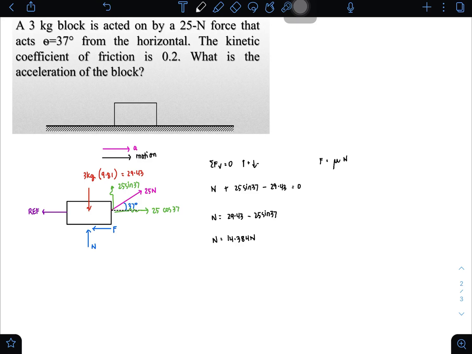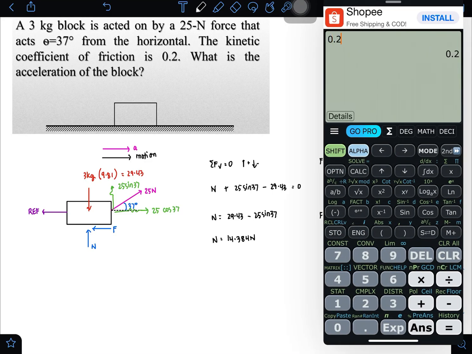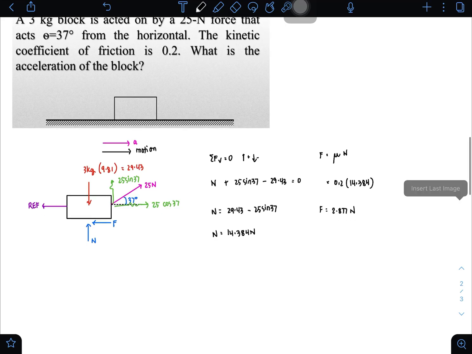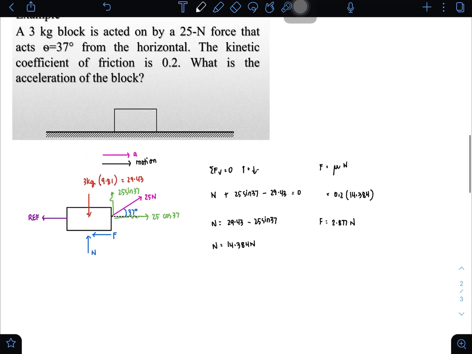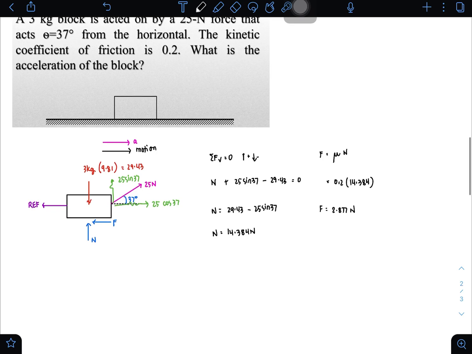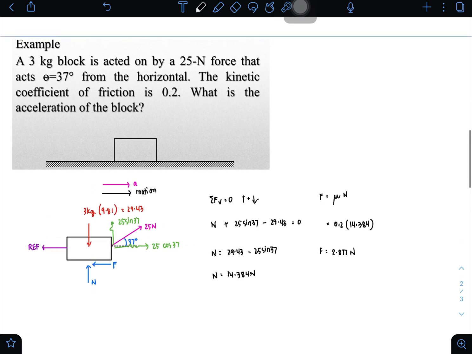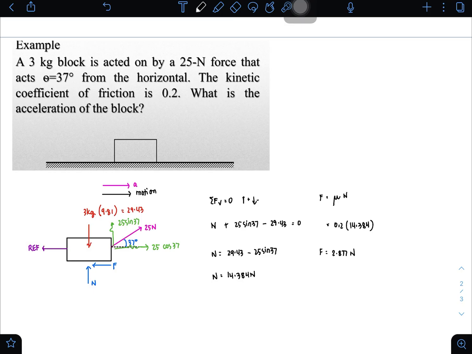So this is 0.2 times the normal force, which is 14.384, and our F is 0.2 times 14.384. That's 2.877 newtons. Okay, so now we're solving for the acceleration, which is found in the REF.